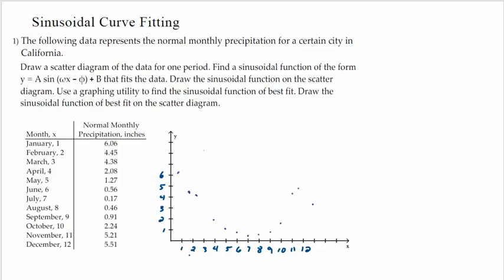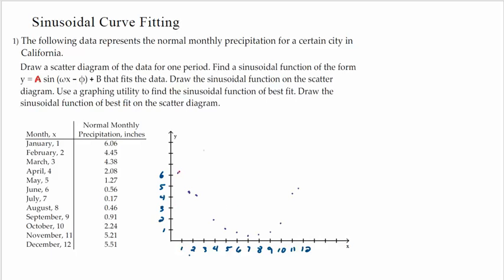And I'm going to show you how to do this with Desmos, but I just want to look at how we might estimate some of these values in the equation. So let's look at the first value here. Let's look at amplitude. Alright, so we know that amplitude is the distance between the middle of the graph and the top, or the middle and the bottom.